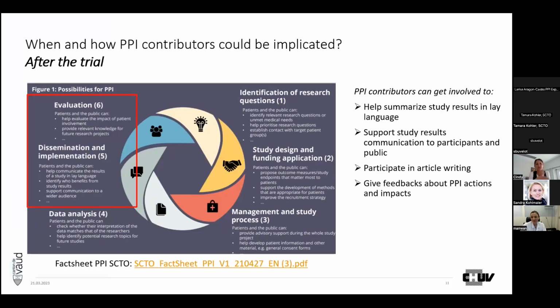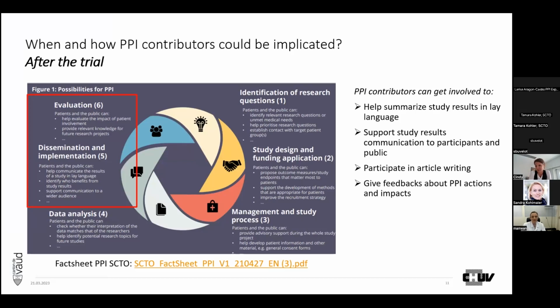Next slide. Okay, so then what will happen after the trial? After the trial, PPI representatives can be very important to help you communicate about your study results. For example, helping you summarize study results in lay language again, or supporting study results communication to participants and public, for example, through social media, but also through scientific meetings or congresses.